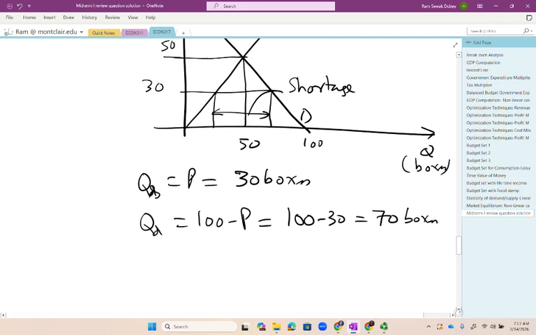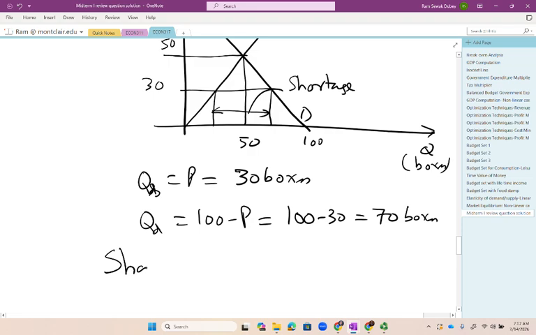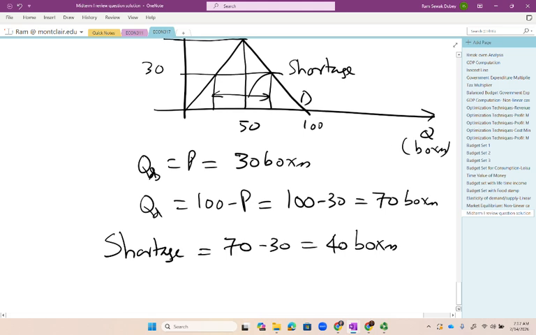And so we have a shortage, 70 minus 30, 40 boxes. Again, for the price ceiling to be effective, it must be the case that the price ceiling is below the market equilibrium price. And this is a good point to stop.